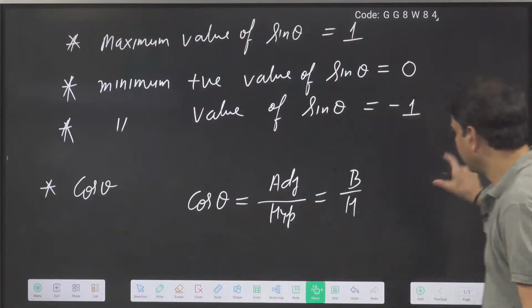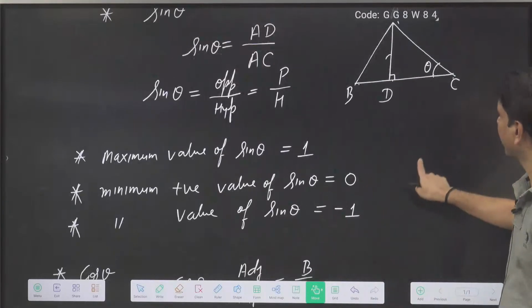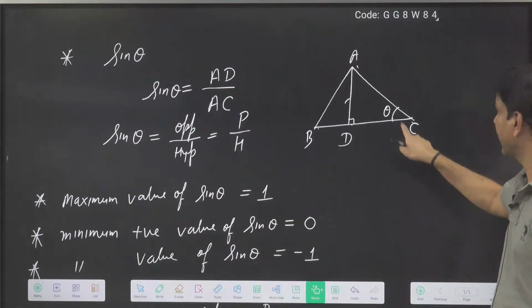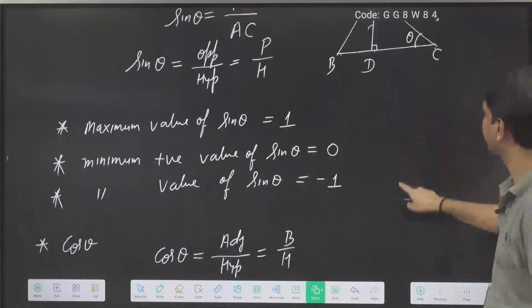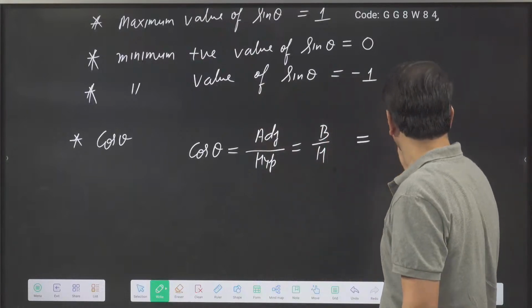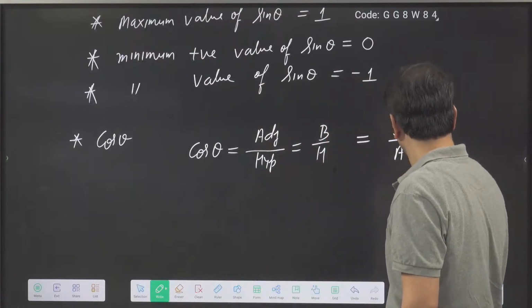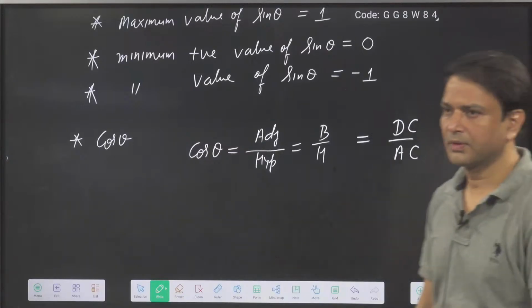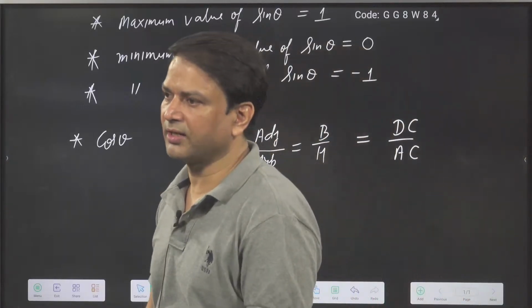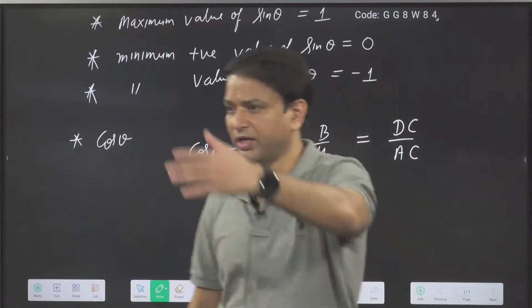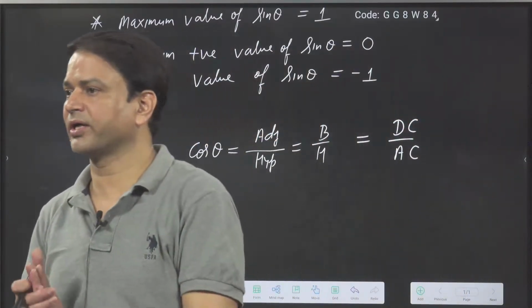And in this triangle, the base is DC and the hypotenuse is AC. Then I can say DC upon AC. Everybody got the cos theta? And the same condition is there as whatever we learned for sin theta.